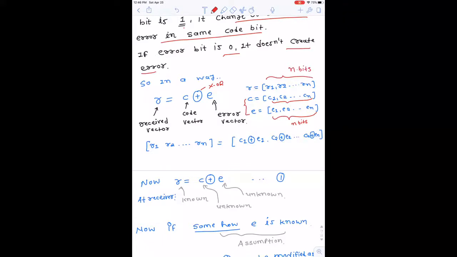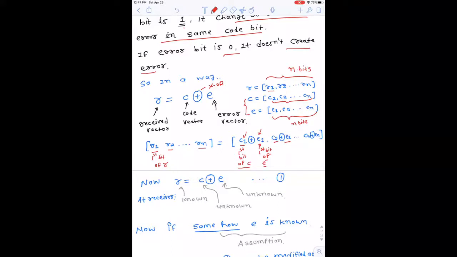So how do you obtain it here? The first bit R1 is the XOR operation of the first bit of code vector C and the first bit of error vector E. Now the second bit R2 can be obtained with the second bit of code vector C2 and the second bit of error E2.